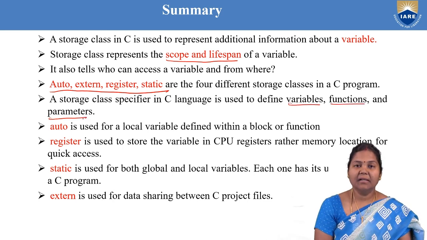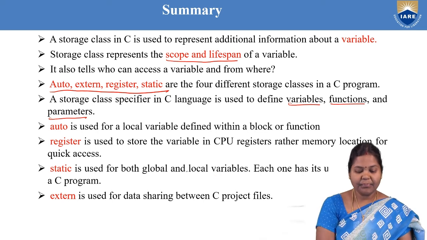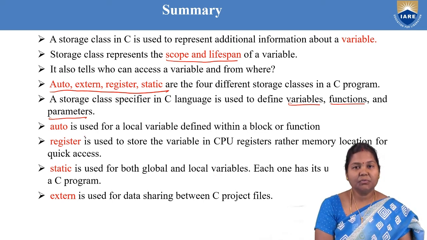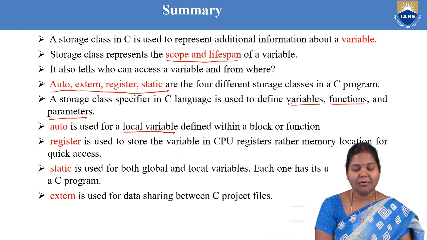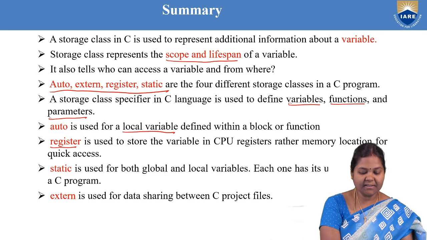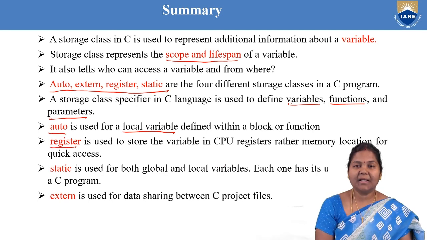So these are the different things you can define using storage class concept. Automatic is used for local variables which are defined within a block or function. Register storage class is used to declare the register variables which are normally stored in CPU registers rather than main memory.